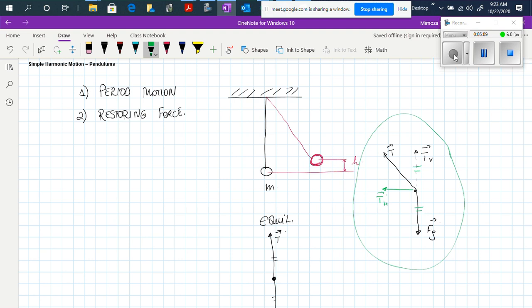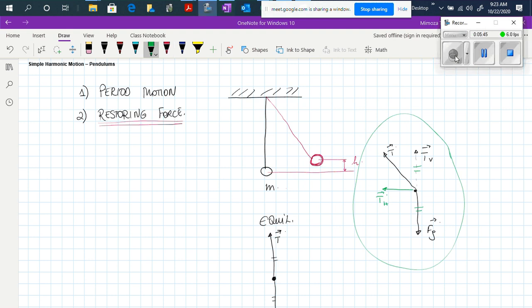What is unbalanced in this situation is the horizontal component of the tension, and this is toward the equilibrium. So we have a restoring force at this position when we bring the object up here, an unbalanced force that is going toward the equilibrium.